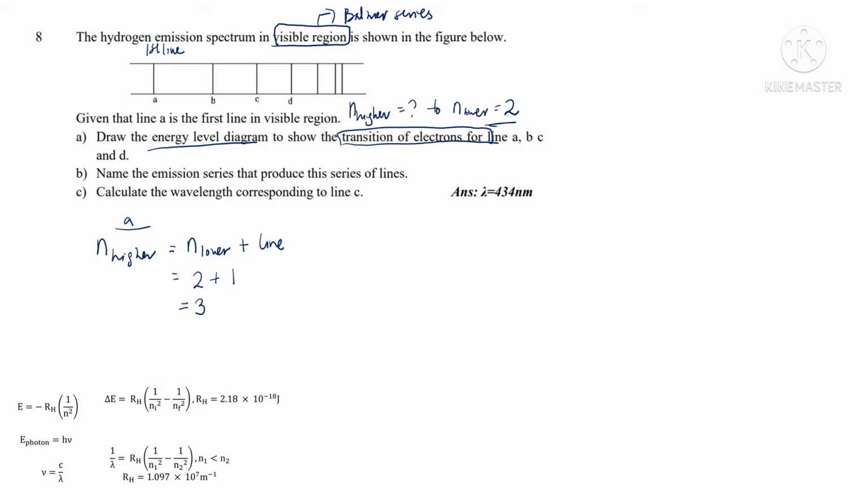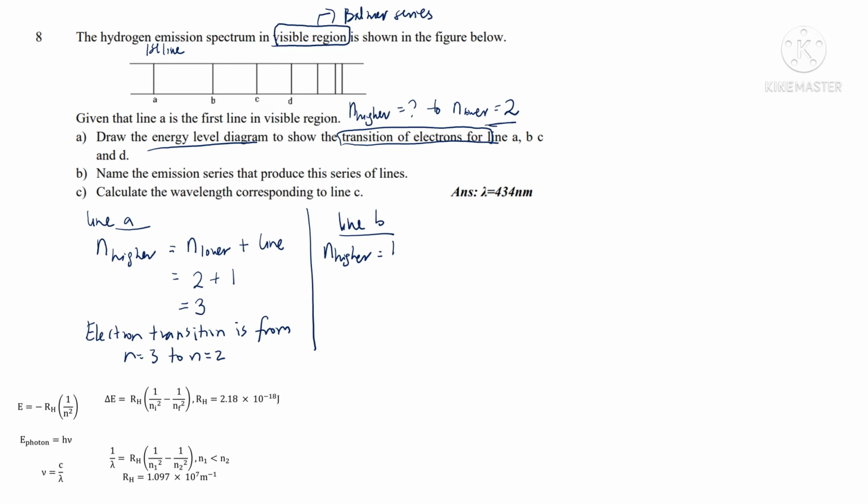So to produce line A, the electron transition is from n equals to 3 to n equals to 2. For line B, to find the higher energy level, again it's the lower energy level plus the number of the line. The lower energy level is 2 for the Balmer series, and B is the second line, so plus 2 gives us a higher energy level of 4.